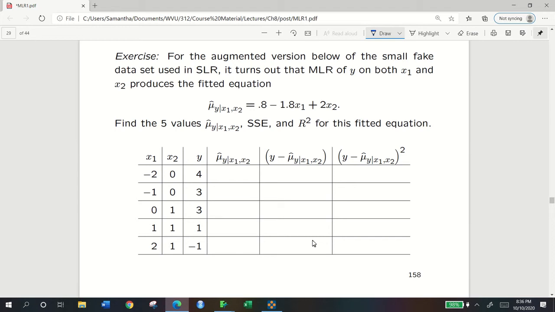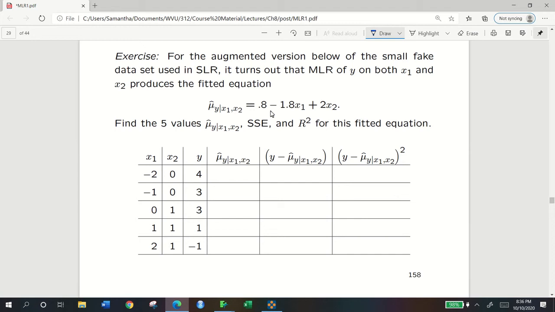So now we can calculate a new predicted response, a new SSE, and a new R squared. We're given that with our two predictors, we now have a new least squares equation of mu hat of y given x1, x2, which is equal to 0.8 minus 1.8 x1 plus 2 x2.